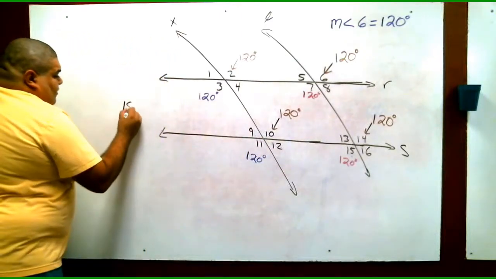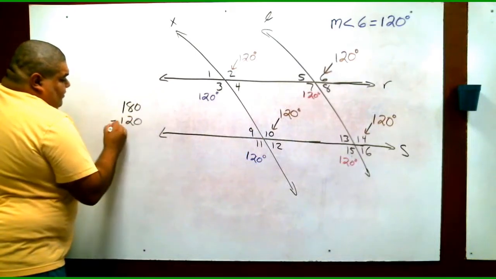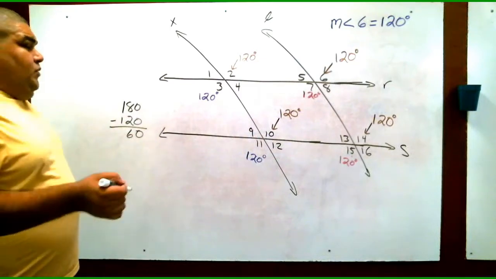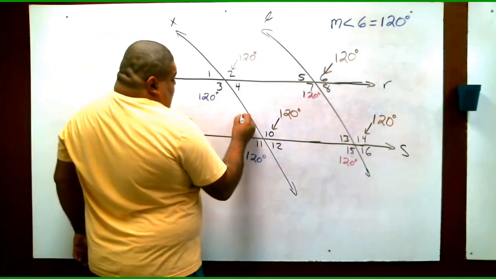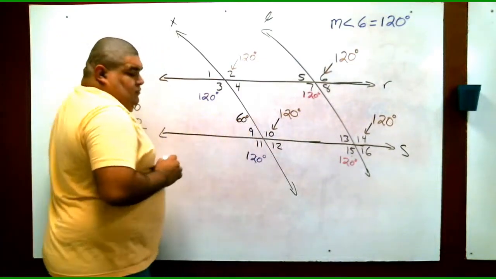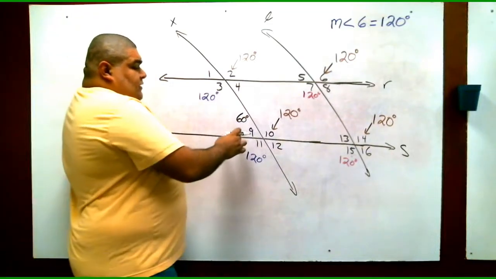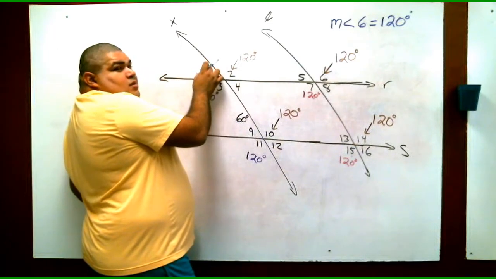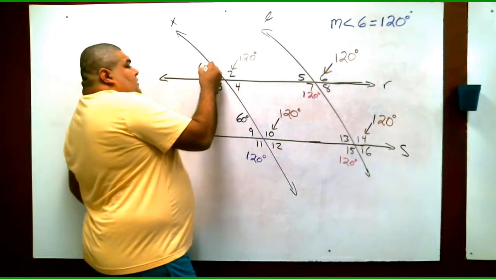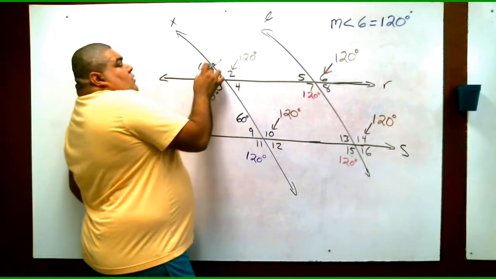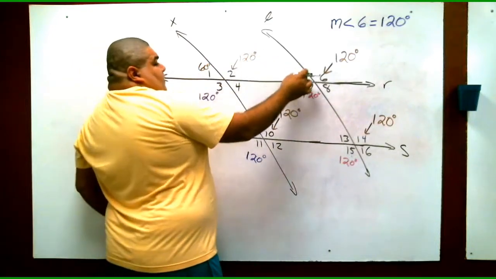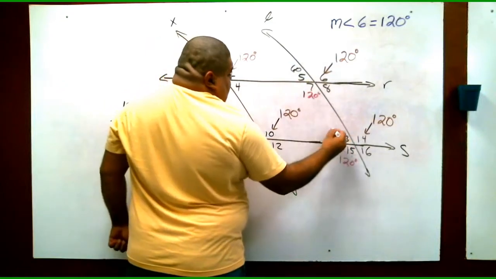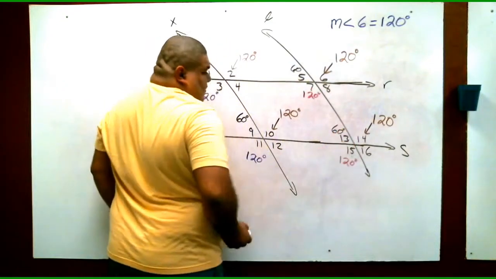So 180 minus 120, we have 60. So we know that angle 9 is 60 degrees. If we know that 9 is 60 degrees, corresponding to it would be angle 1. So that's 60 degrees. Corresponding from 1 to 5, this is 60 degrees. And from 5 to 13, 60 degrees.